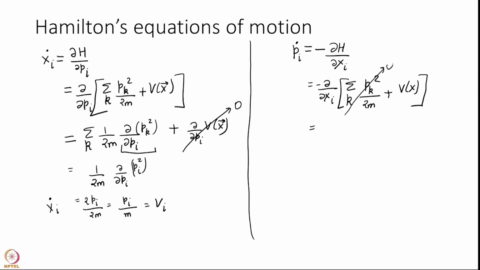So, its derivative with respect to xi vanishes, and what I get is del over del xi of V of x. Sorry, I forgot a minus sign there. But this is exactly what we had defined in Newton's laws. Pi dot is nothing but m vi dot. So, you get back Newton's laws from these Hamilton's equations of motion.